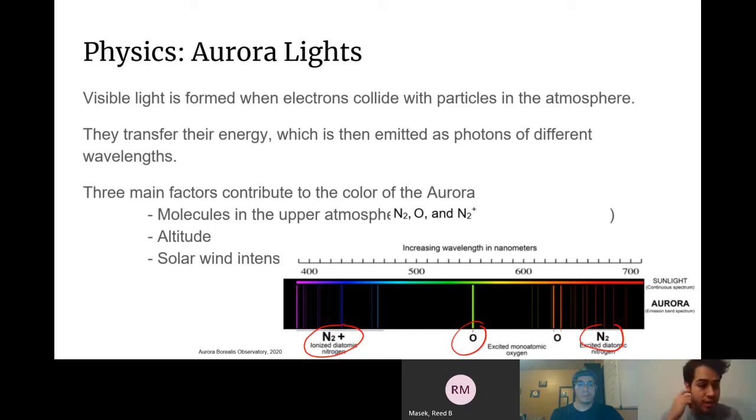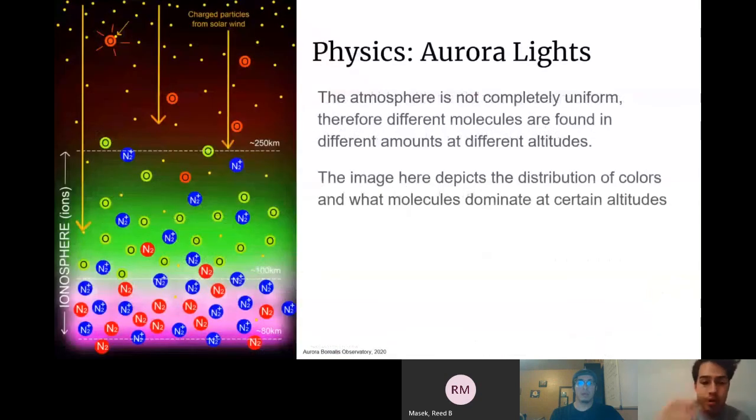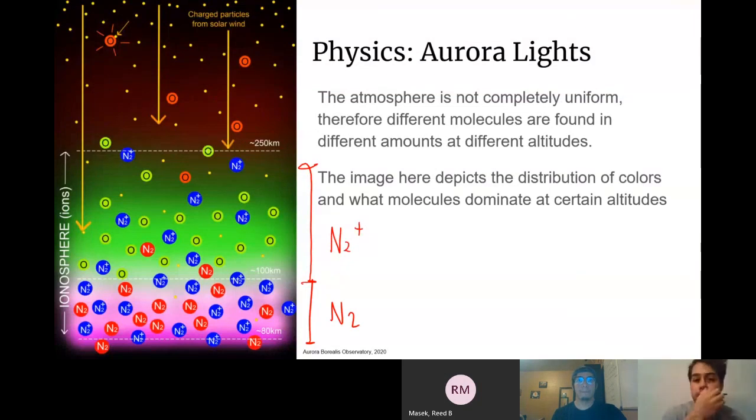Another of the factors which contributes to the color of the aurora is the altitude. The altitude shows the distribution of how these molecules are spread in the atmosphere. For example, from 80 kilometers to 100 kilometers, we see a majority of nitrogen particles. From 100 to 250, we see ionized nitrogen particles.